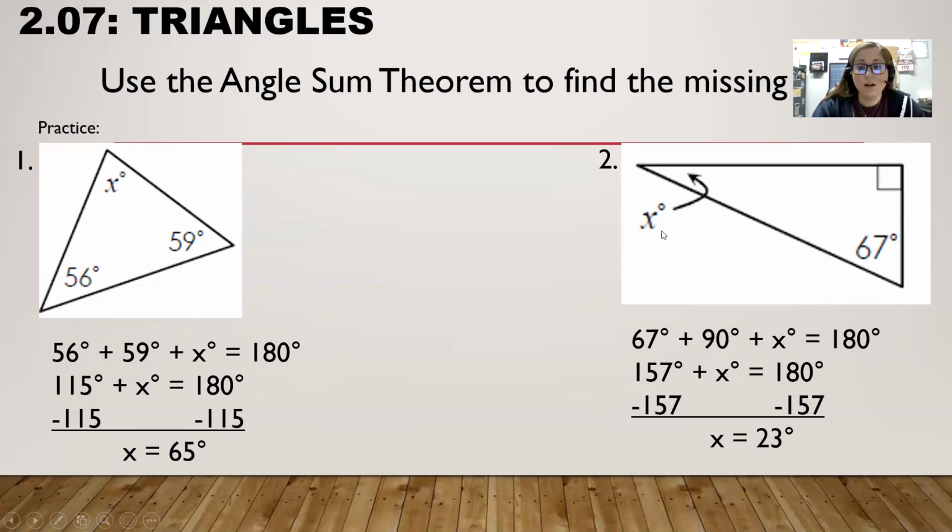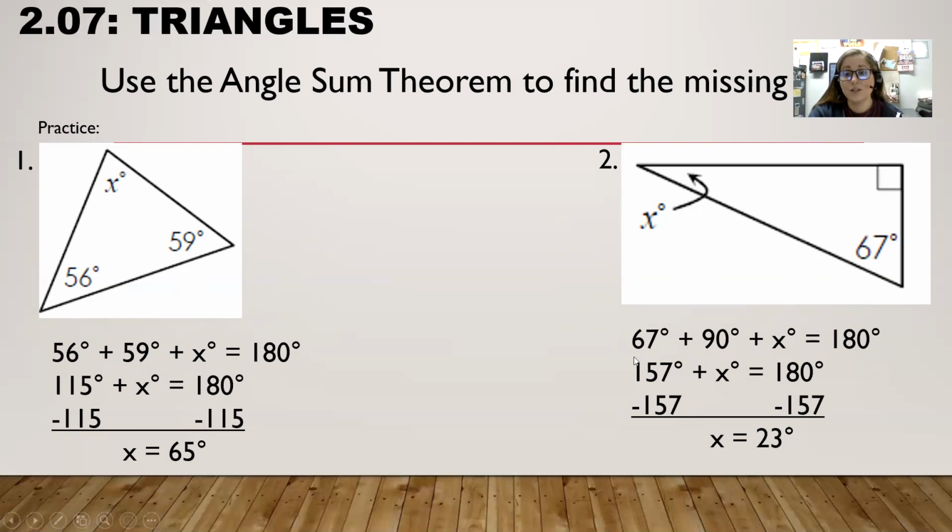Number 2 over here, we've got only one angle labeled. However, because this little box is in this corner, we know that this angle over here is equal to 90 degrees. So even though it's not listed as 90 degrees, we know it's 90 degrees, so we could still set this up as an equation. 67 plus 90 degrees plus x is equal to 180.